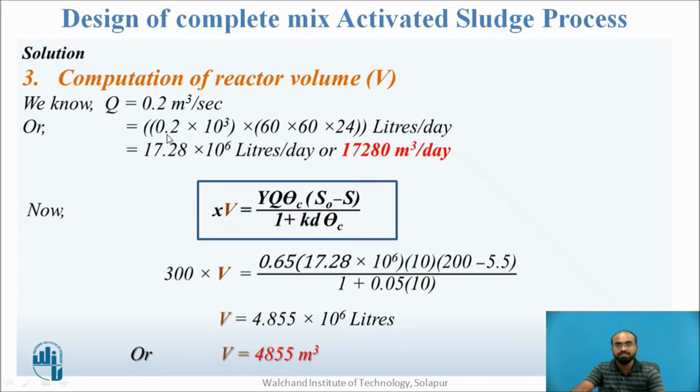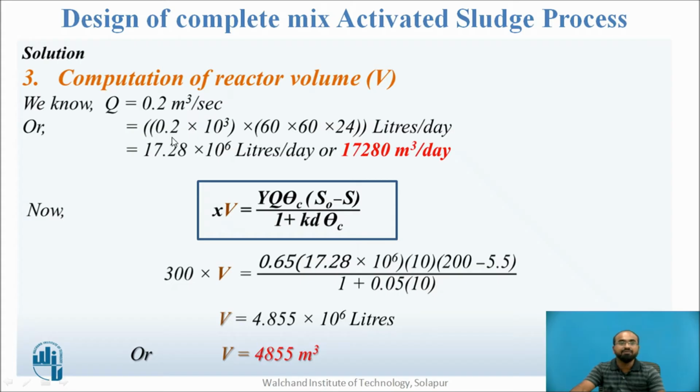Just go through this writing, that is 0.2 multiplied by 10 raised to 3 multiplied by 60 multiplied by 60 multiplied by 24. Here 10 raised to 3 means I am converting meter cube to liters, and I am multiplying 60 into 60 into 24, that is, I am converting seconds to per day. So it will come to about 17.28 into 10 raised to 6 liters per day. So you have to remember this value also, because in the coming steps we need the flow rate in liters per day also.